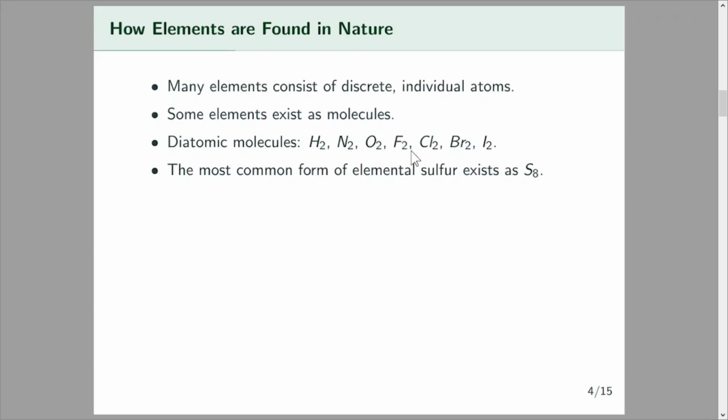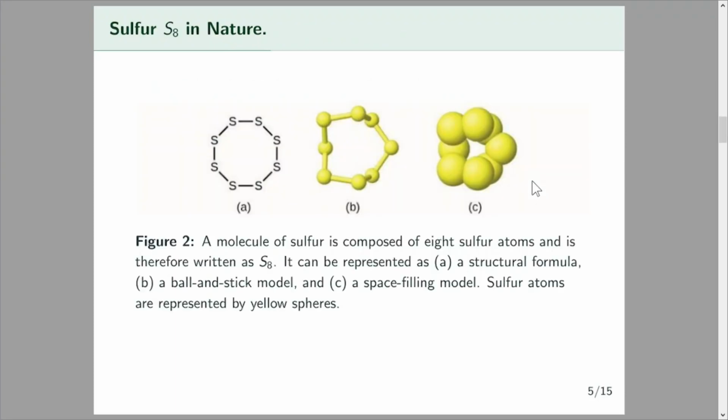Fluorine appears as F2. Chlorine appears as Cl2, bromine, and iodine. The most common form of sulfur exists as S8. But often, many atoms will just appear as individuals when they're commonly found. Here's another example of how you might see a sulfur molecule.